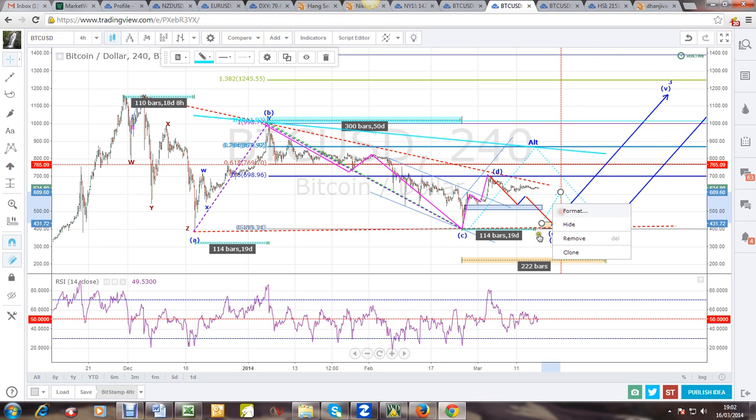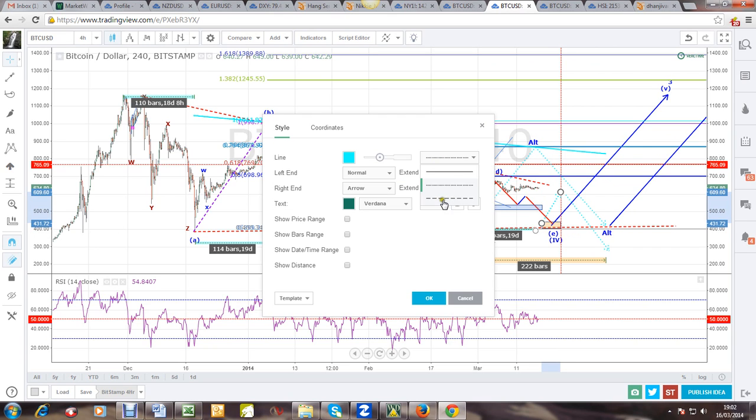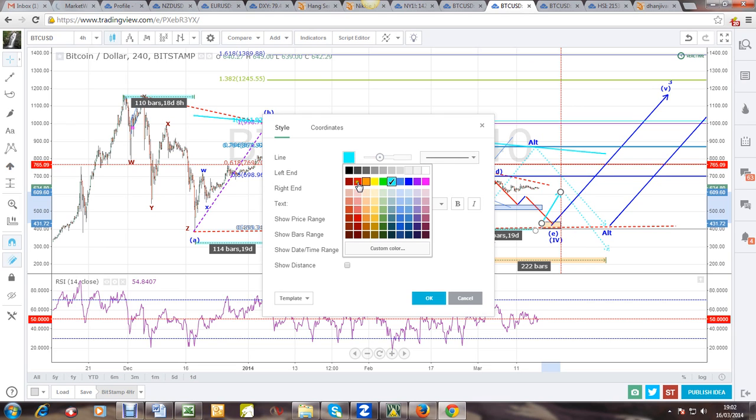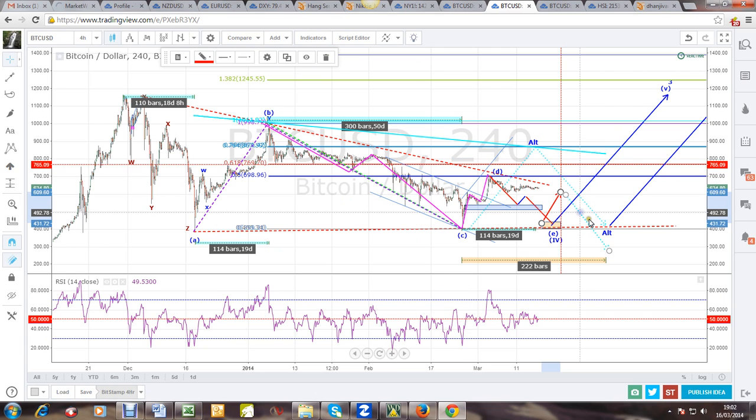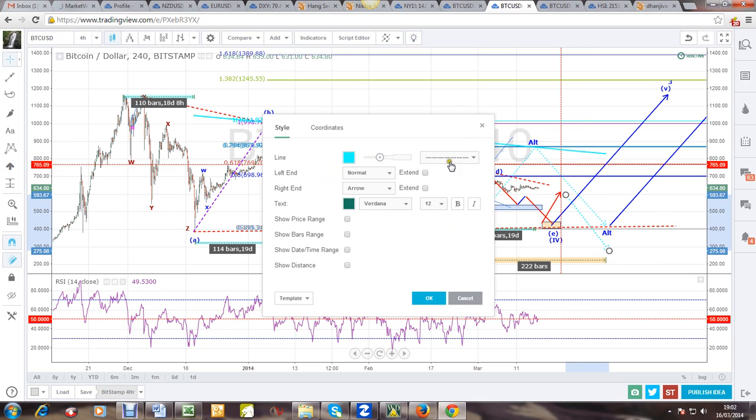Format. Okay, so I would make that one a hole and this red, so that's what it would be like.